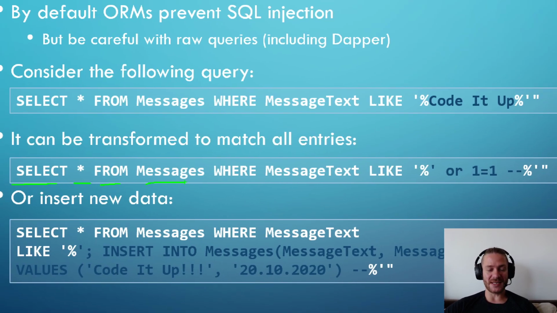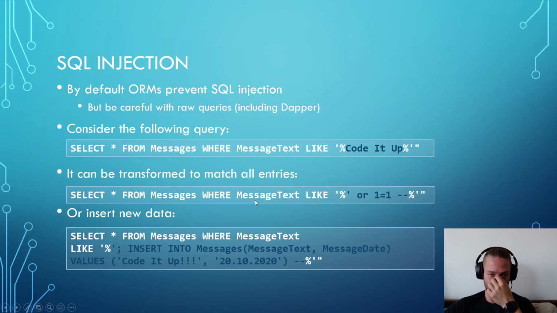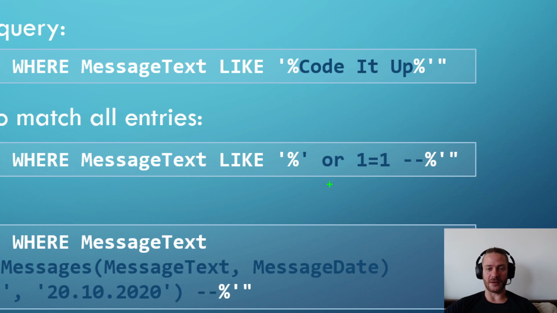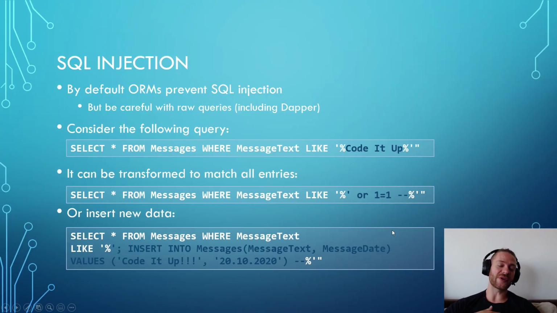Select everything from messages where message text like, and we hit in the input ' to close the text and then say OR 1=1 --, this is a comment in SQL, and then it doesn't matter what the rest of the query in our code is. So this query will make SQL Server search for message texts where the text looks like this or 1=1 is true. So essentially SQL Server will return all entries available in the database.